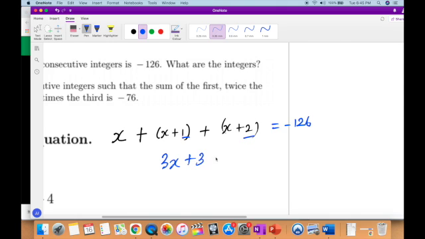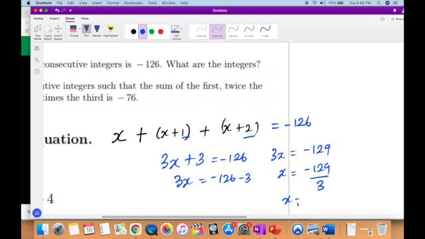So 3x plus 3 is minus 126. 3x is equal to negative 126 minus 3. So 3x is equal to negative 129. x is equal to negative 129 divided by 3, which is negative 43.